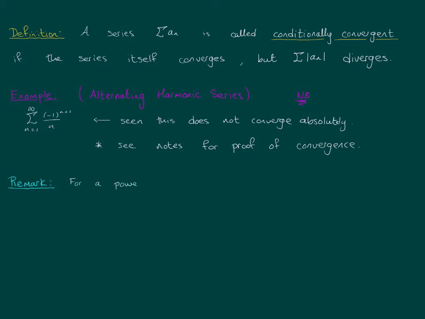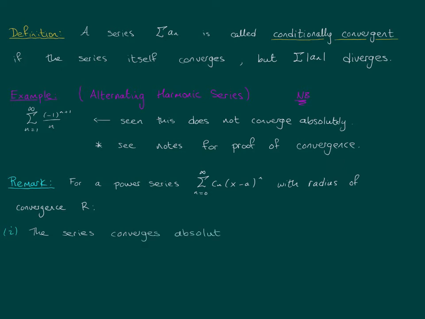So for a power series, sum c_n (x minus a)^n, a power series centered at a, n equals 0 to infinity, with radius of convergence R. First point, the series converges absolutely. So not only converges, the series converges absolutely for absolute value of x minus a less than R.